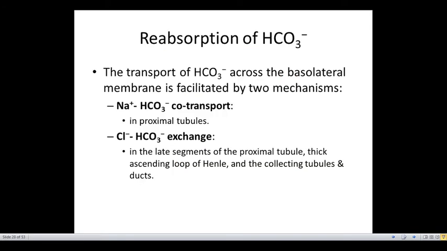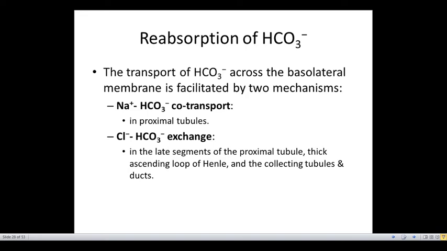Once inside the renal tubular cell, the transport of bicarbonate ions across the basolateral membrane is facilitated by two mechanisms.